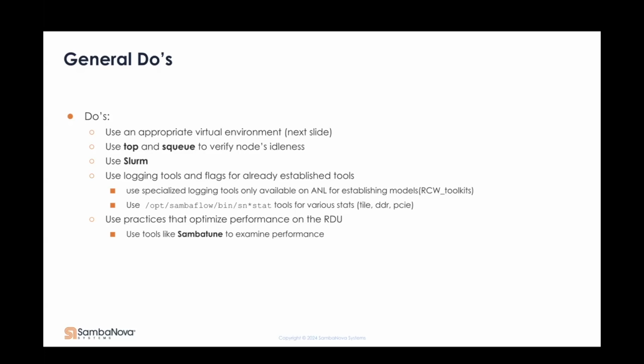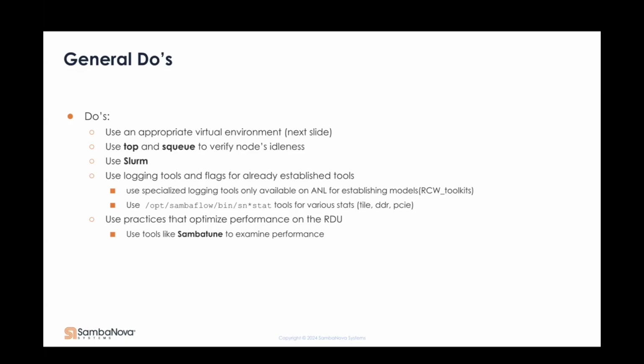And as long as people are using the Slurm integration, you'll see a job either running or in the batch for SQ. I highly recommend using Slurm. Take advantage of flags for logging tools, as well as logging tools such as the RCW toolkit, which was especially developed and maintained for ANL.